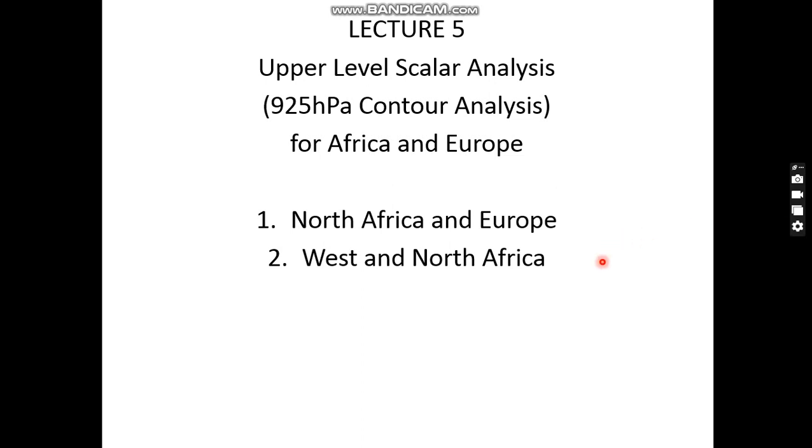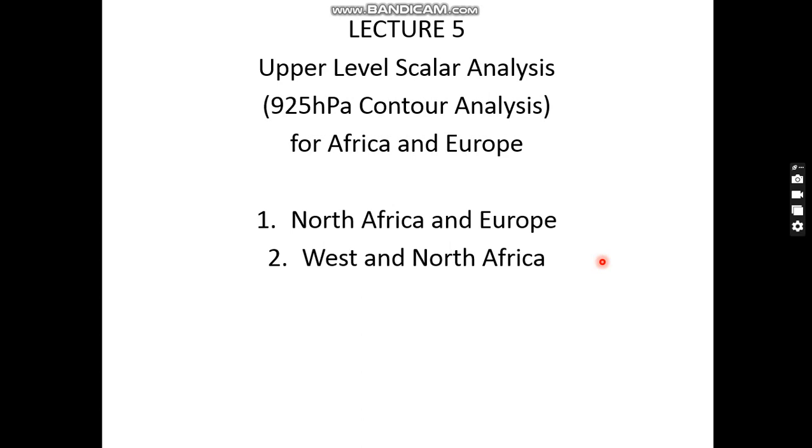Hi, we've now come to lecture 5, which concerns upper level scalar analysis. This is for the 925 hectopascal level for Africa and Europe. We shall first deal with North Africa and Europe before we get to West and North Africa.